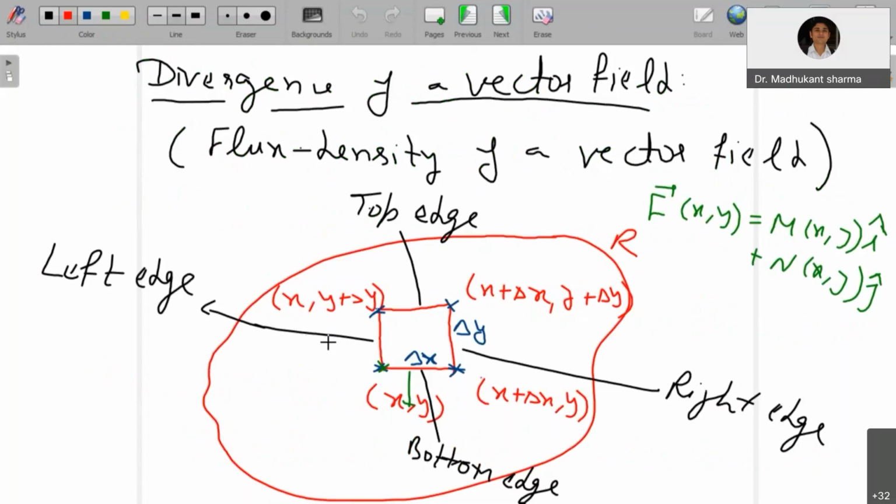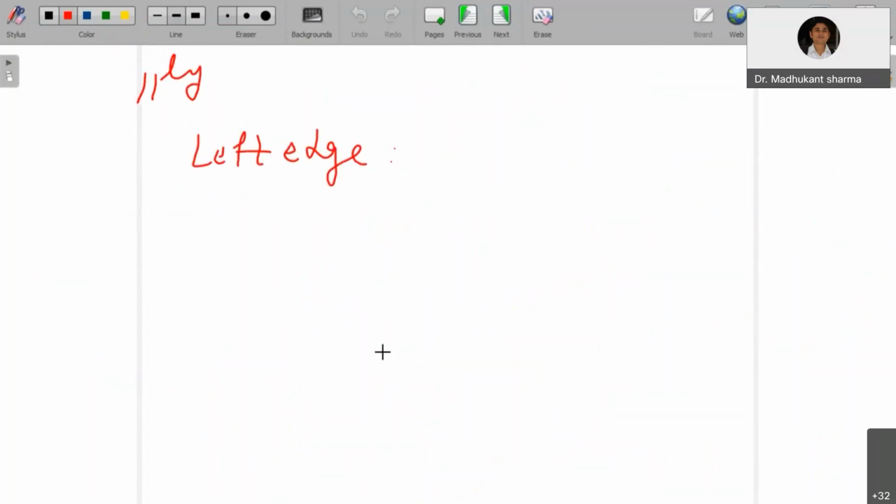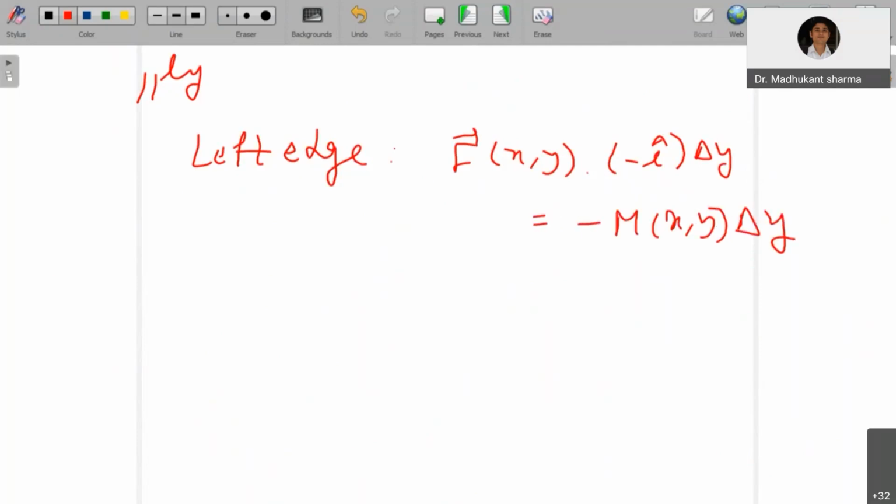So you have the field f of x comma y dot minus i cap, and the length of that edge is delta y. So that's going to be minus m of x comma y delta y.